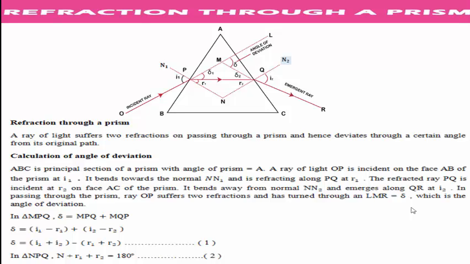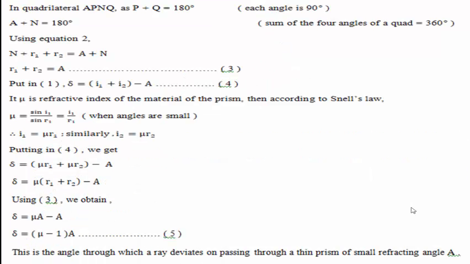So your above equation becomes delta is equal to I1 plus I2 minus R1 plus R2. Call this equation number 1. In triangle NPQ, angle N plus angle R1 plus angle R2 is equal to 180 degrees. Call this equation number 2.